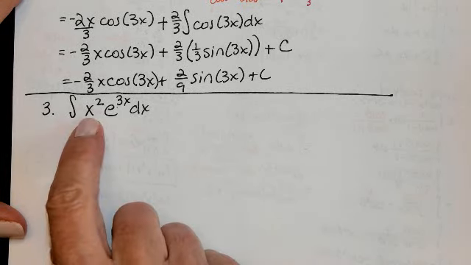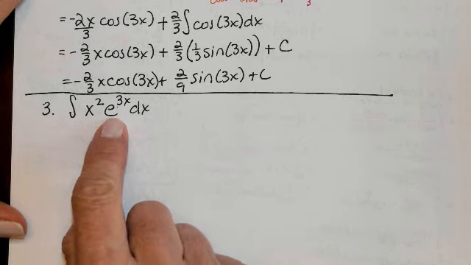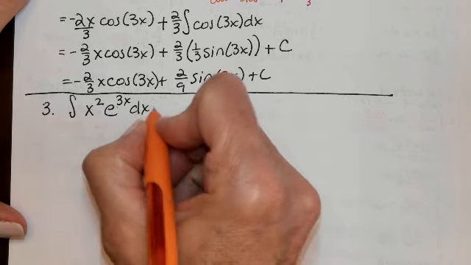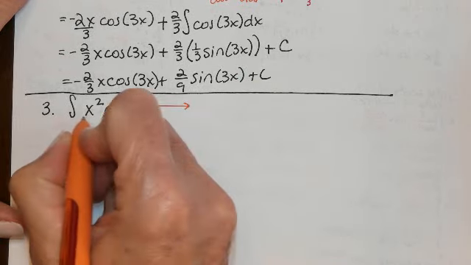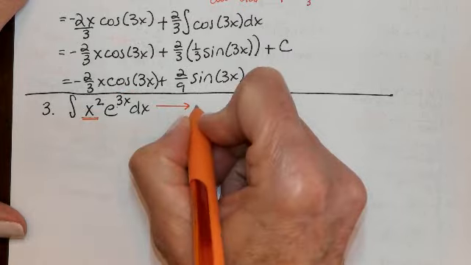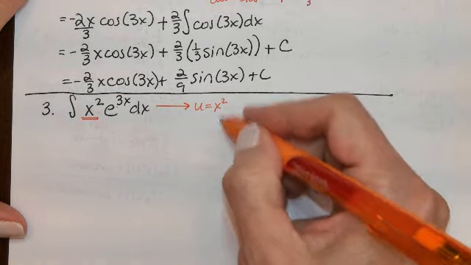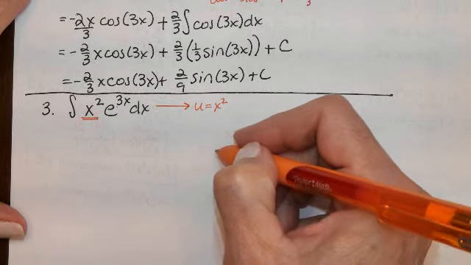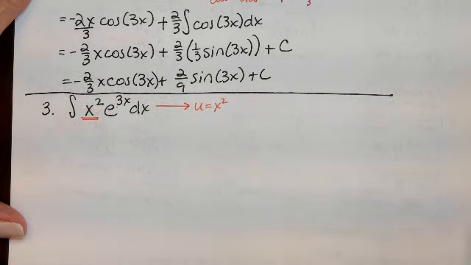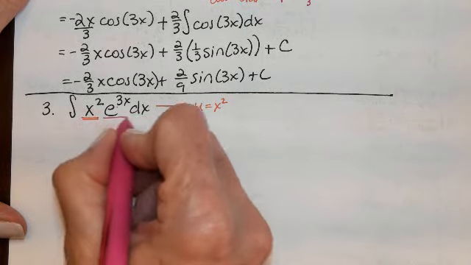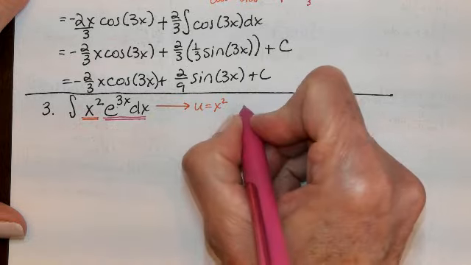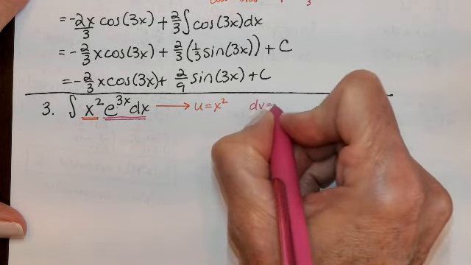It's an algebraic times a transcendental, so I'm going to go off to the side and do integration by parts. I'm going to let u be the x squared, because the derivative will be simpler, right? And I'm going to let dv be everything else. We always have to do that.